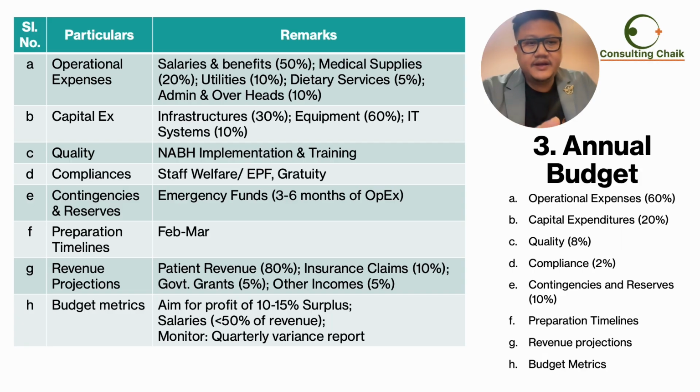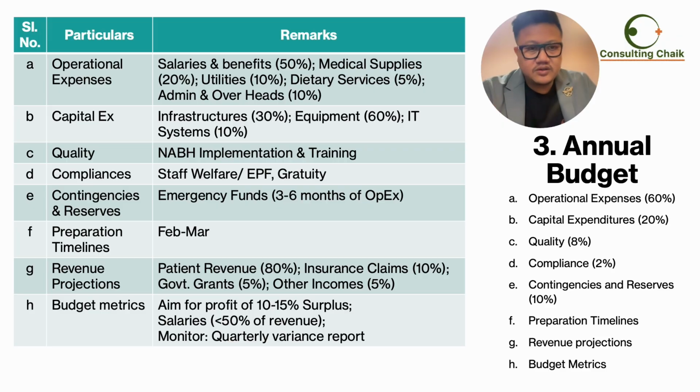Then in terms of quality, for NABH implementation, NABL implementation, JCI, or any quality driven things that you're doing, any training expenditure that you do, all comes under quality. And then compliances for staff welfare, your EPF, gratuity, certain insurances that you provide, all those come under compliances.